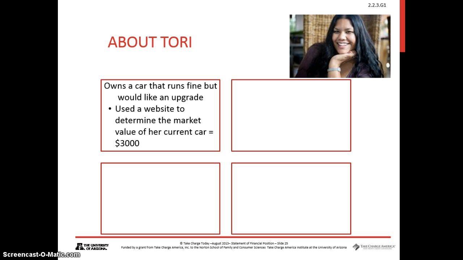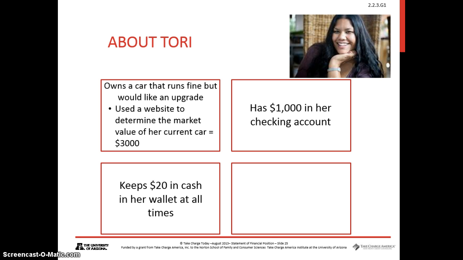She owns a car that runs fine but would like an upgrade. She used a website to determine the market value of her current car, which is $3,000. She has $1,000 in her checking account. She keeps $20 in cash in her wallet at all times. She keeps $2,000 in her savings accounts for emergencies.